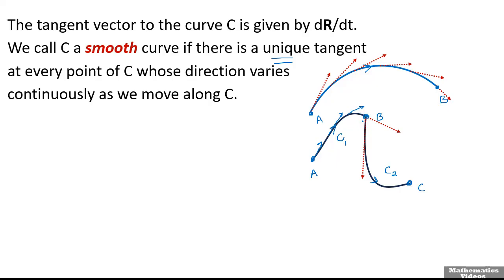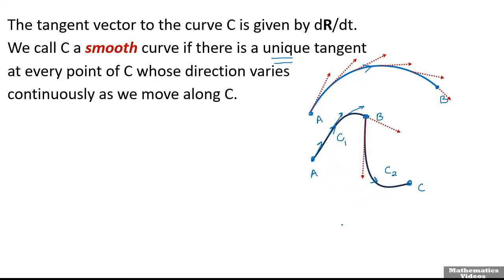So the direction of the tangent vector for this curve ABC is not varying in a continuous fashion. So this curve is not a smooth curve. However, this is a piecewise smooth curve, because there are two smooth pieces that are joined end to end to make this curve.